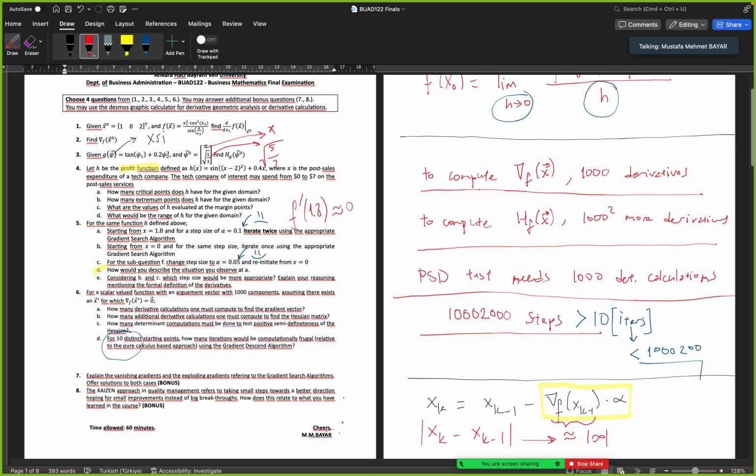So it just blows up like a bomb and teleports you to some unknown region of the function. Maybe that region is not even in the domain. So it causes convergence problems.